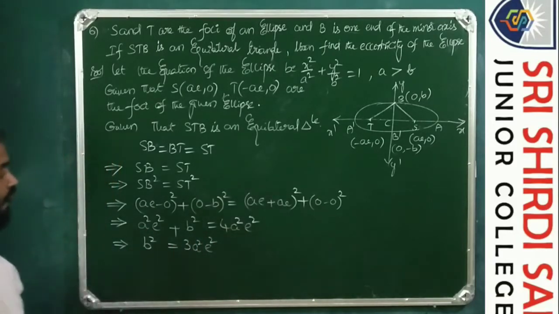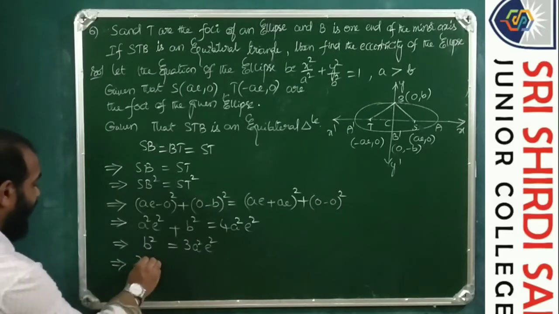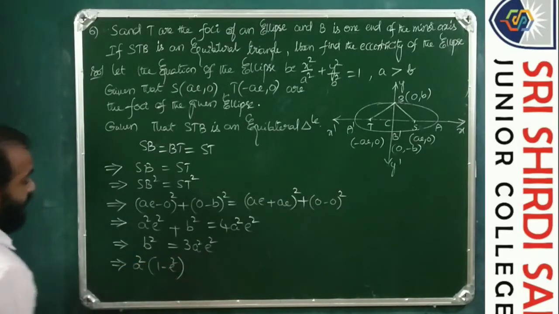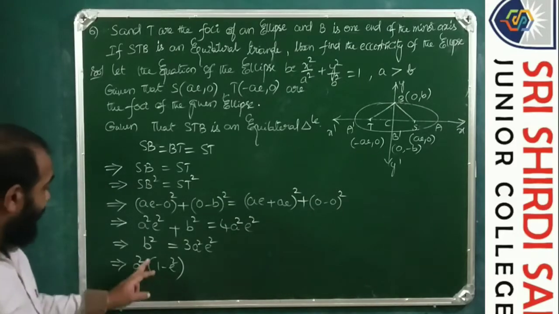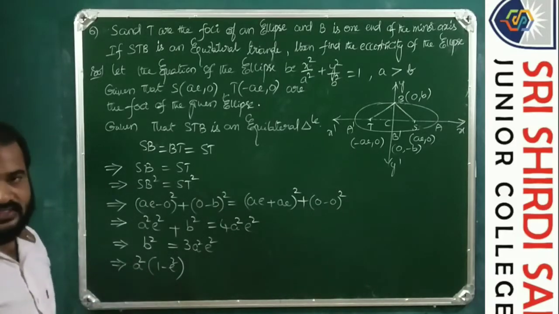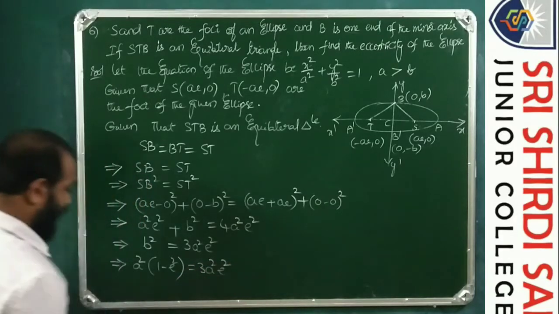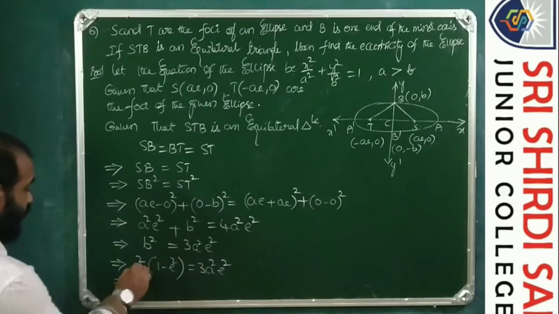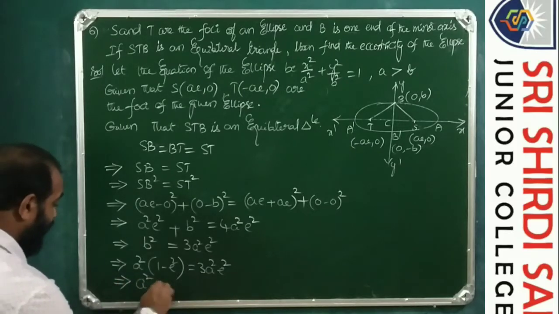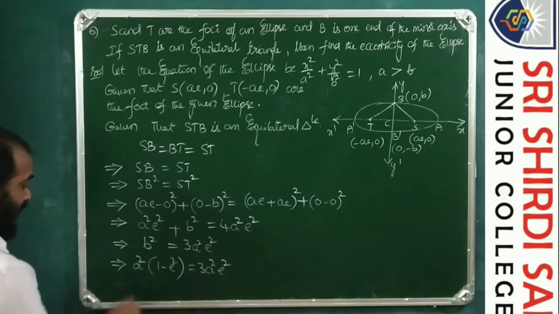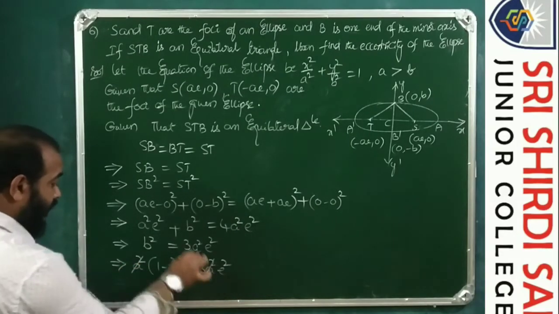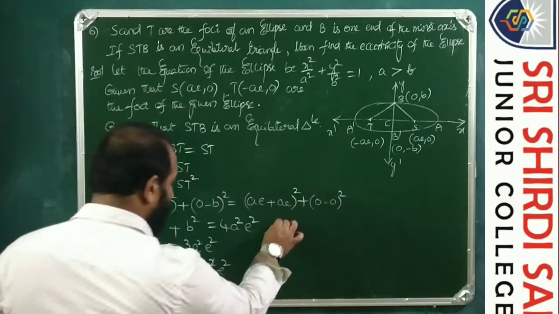We know that b square is equal to a square into 1 minus e square for the ellipse with a greater than b, which is equal to 3a square e square. So a square gets cancelled.